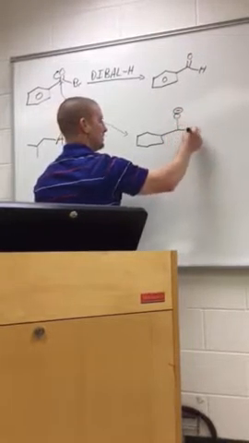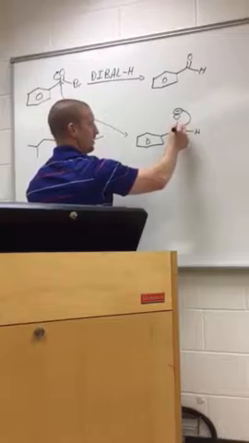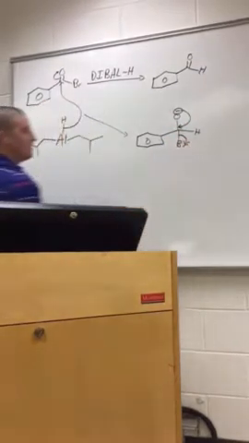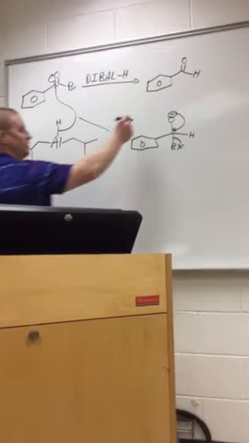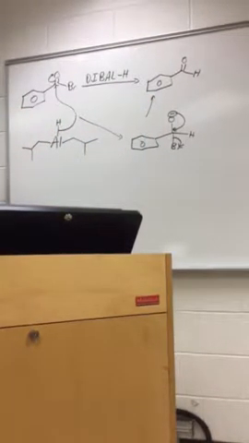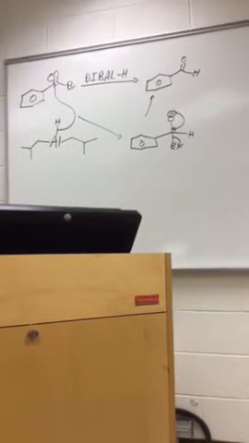O minus, and then just like we've done in the past, kick down, push out the leaving group, and you're done. So that's the straight acyl substitution, and then it's done.